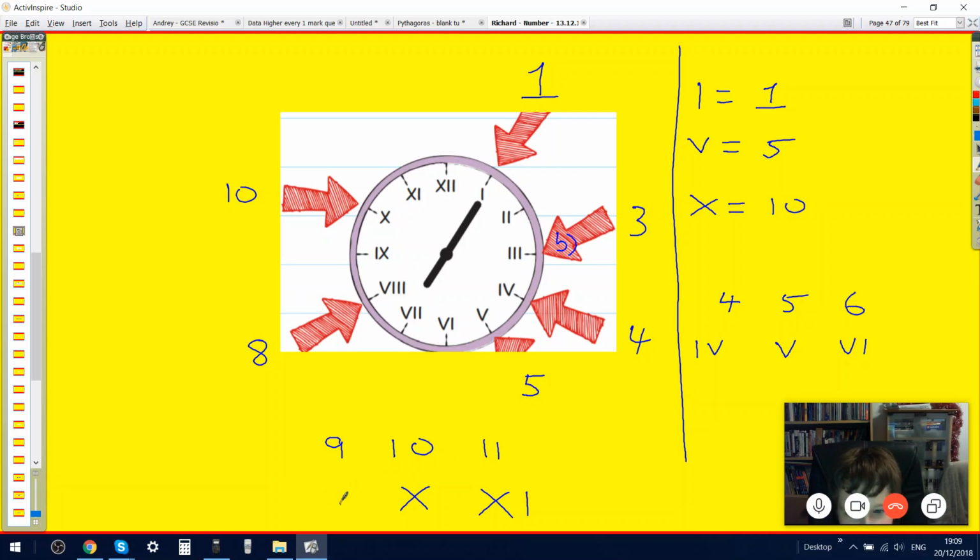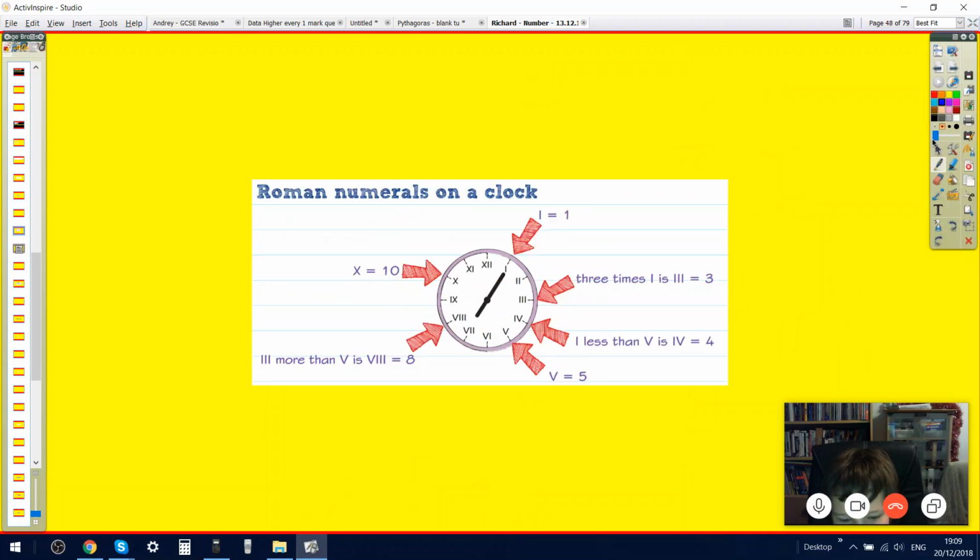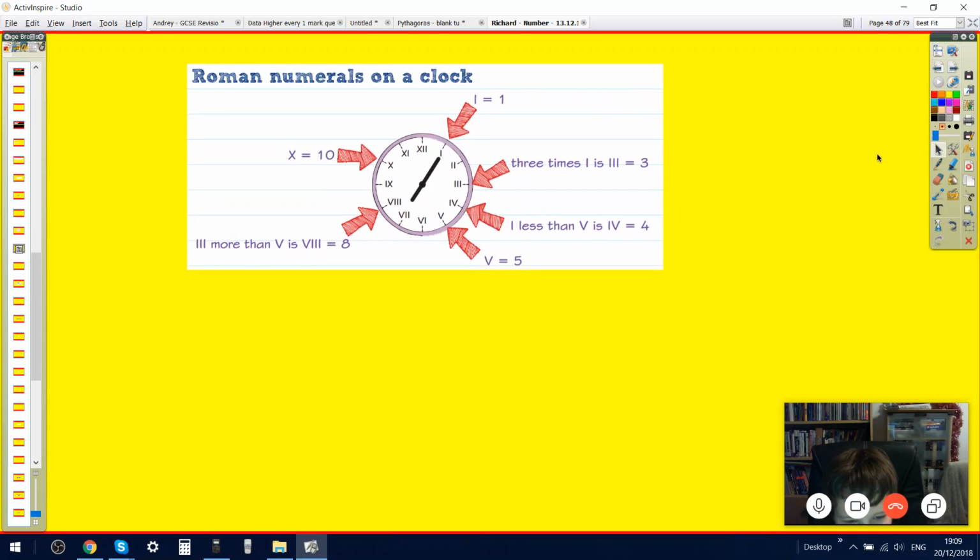And 9 would be IX. Yes. So 5 was a V, so 4 is IV. 10 is X, so 9 is IX. The I goes after it if it's one more, before if it's one less.